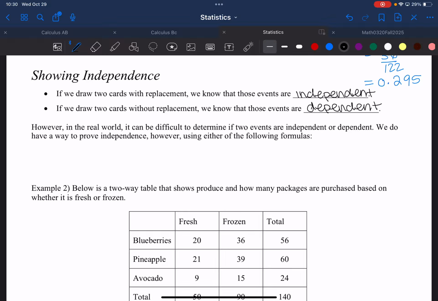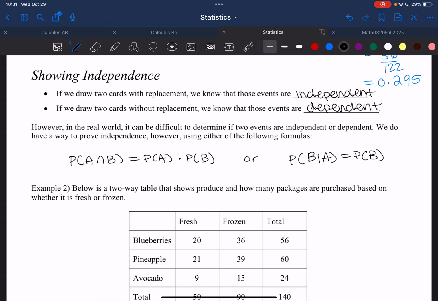The first one is that the probability of A intersection B is equal to the probability of A times the probability of B. So if you plug in all those values and you do not get a true statement, then it's not independent. Okay? Or you could prove that the probability of B given A is equal to the probability of B. Okay?